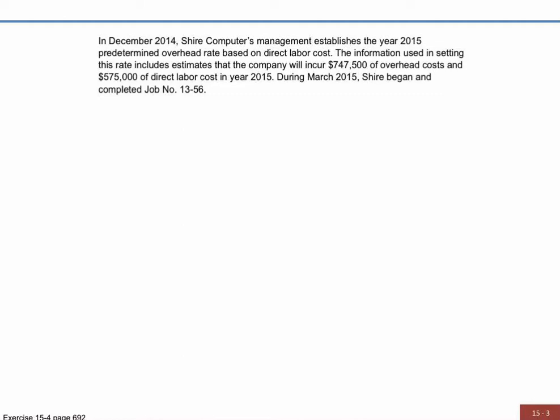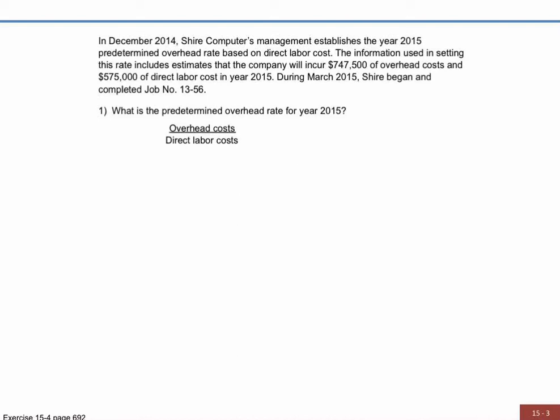The estimate we have for the total overhead cost in the following year, in 2015, is going to be $747,500, and then the cost for our labor that we're estimating for 2015 is going to be $575,000. So what we're being asked first to do is calculate what that predetermined overhead rate is going to be, and we're going to calculate that by dividing those estimated overhead costs by the estimated direct labor cost.